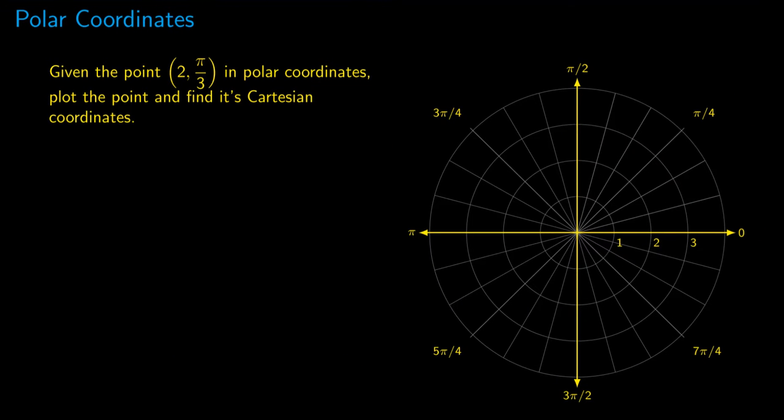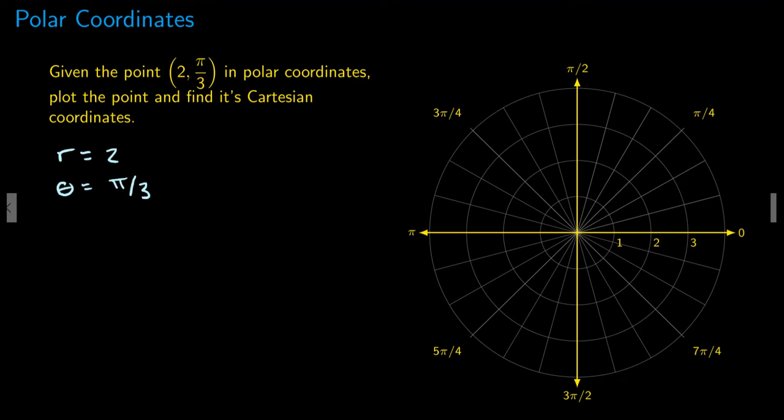So let's see an example of this. Given the point (2, pi over 3) in polar coordinates, we want to plot the point and then find its Cartesian coordinates. So if we have the point (2, pi over 3), that tells us that the radius r is going to be 2, and the angle theta is going to be pi over 3.